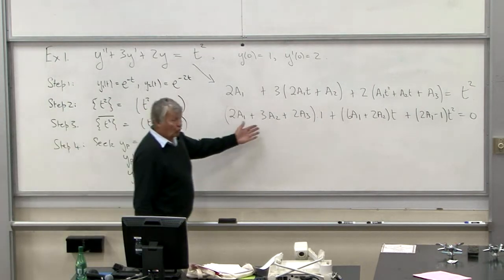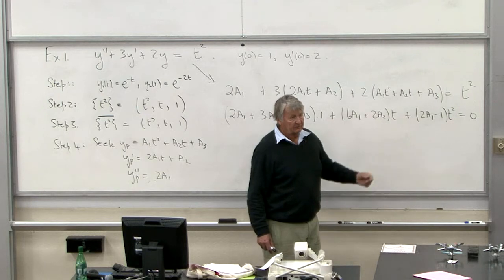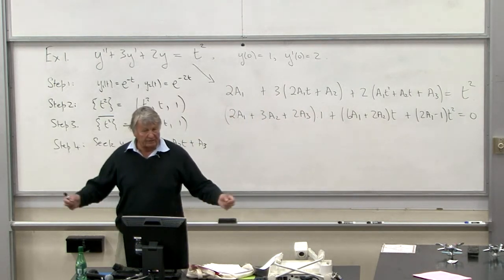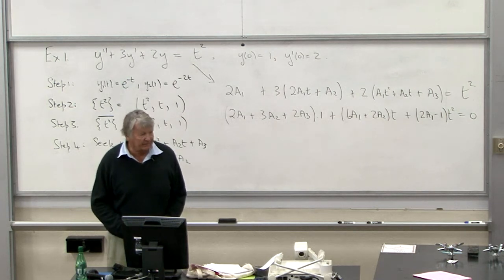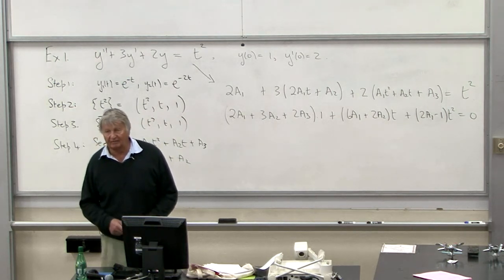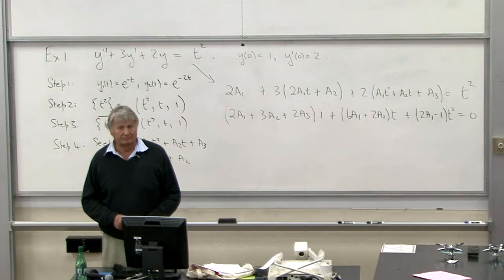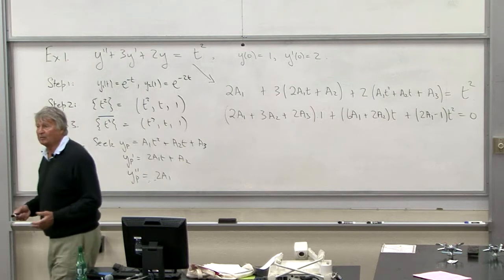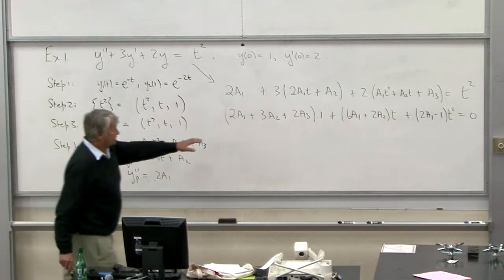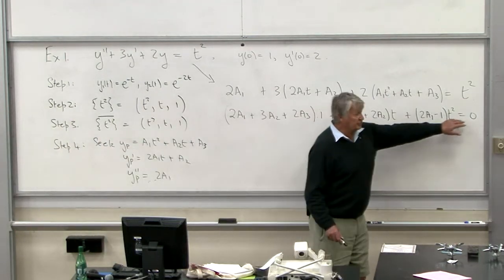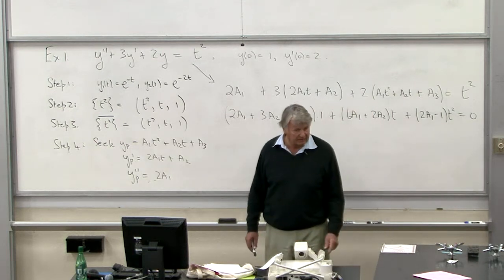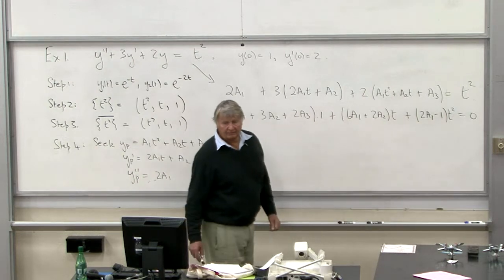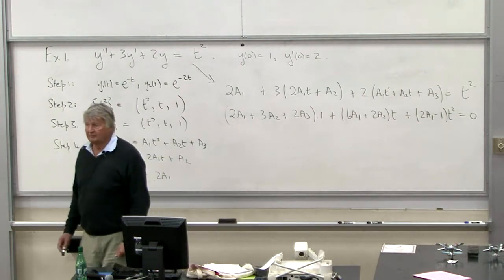Now, so this has to hold for all t. Now, t squared, t, and 1 on the whole interval minus infinity to infinity, are they linearly dependent or independent? They're very different, okay? They're linearly independent. Therefore, if this combination of them has to be 0 for all t in the interval, what can you say about these coefficients? They have to be 0.